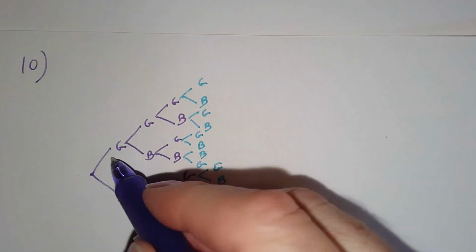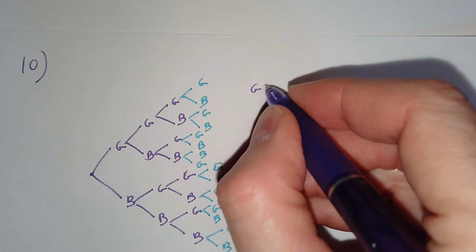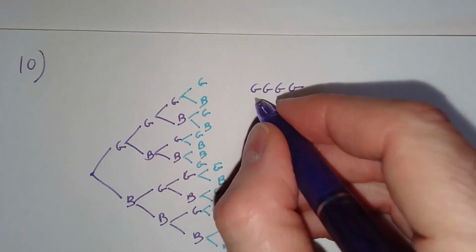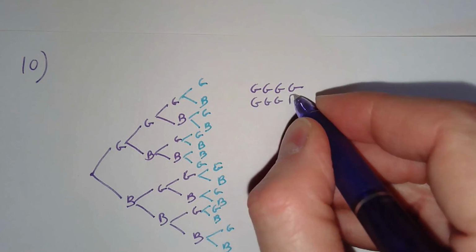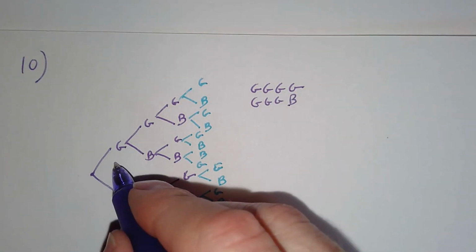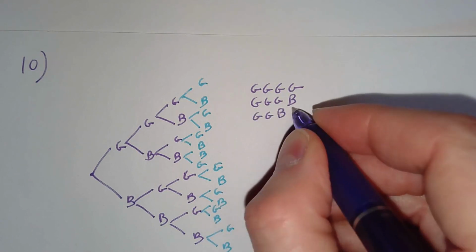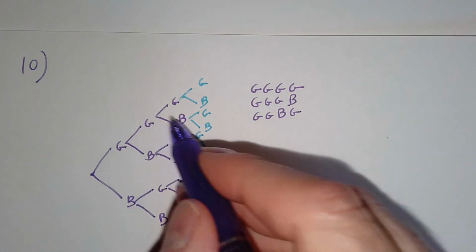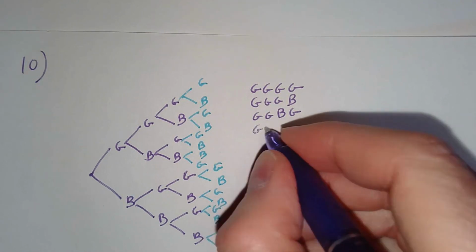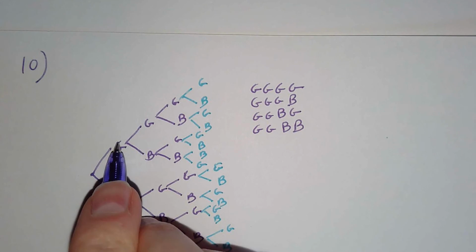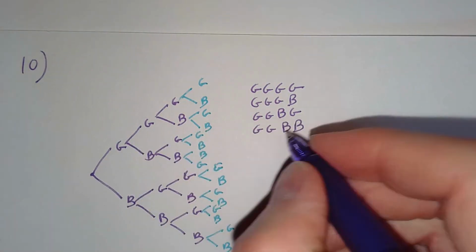So first one would be all girls. Second would be three girls and a boy. So the first 3 are girls, the last child's a boy. And then we can have girl, girl, boy, girl. Girl, girl, boy, boy. And then girl, boy, girl, girl.